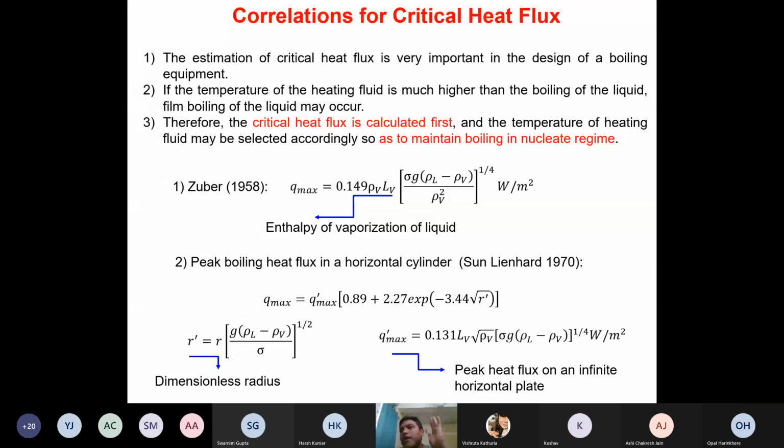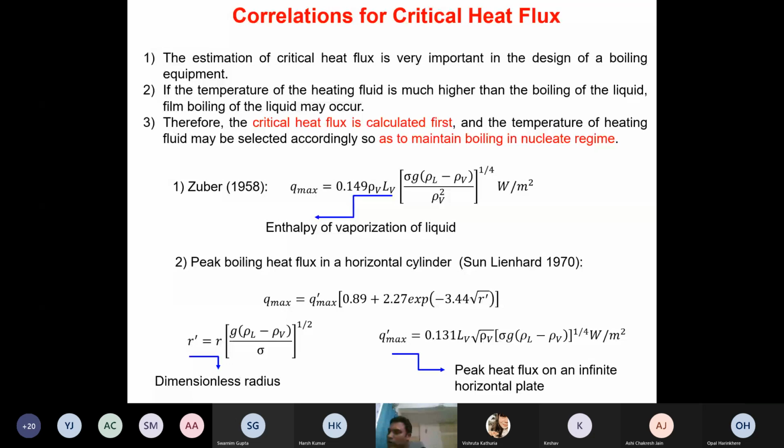Okay, did you get it? So this is for the boiling in a container. Let me further check whether there is something specific mentioned about this correlation or not. Just wait.